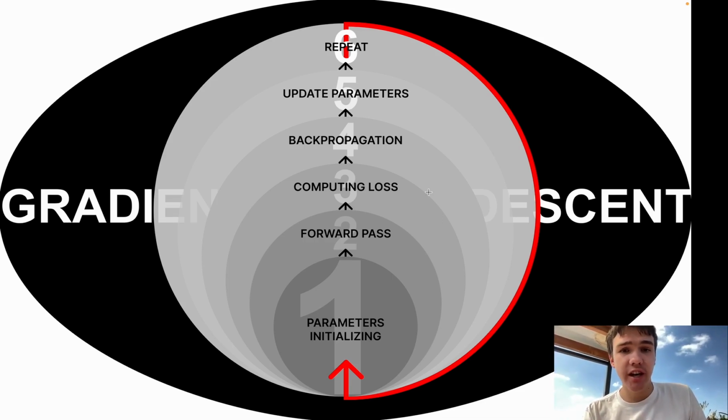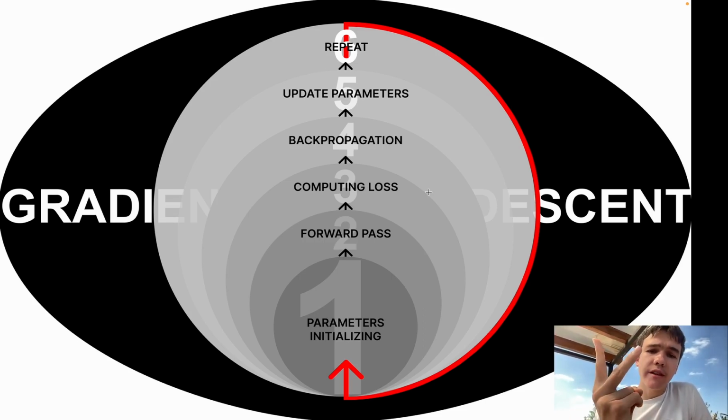Neural network is a computational model, but what it does inside itself is this. First is parameters initializing. Parameters initializing is the first step. Then the second step is forward pass. Then the third step is computing the loss function.